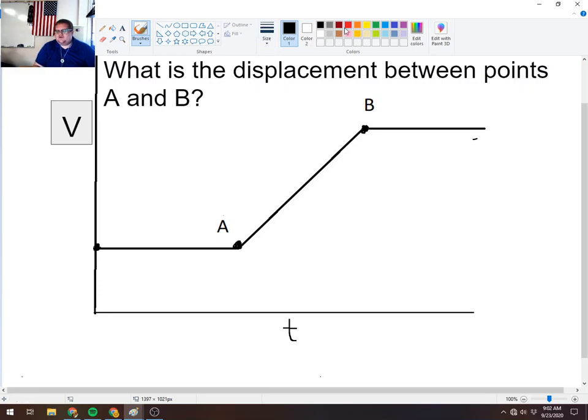So if I would like to know what is the displacement between points A and B here, I'm really asking what is the area under the graph, and I can't draw straight lines very well, sorry. I used to have a pen or a little tool that would help me, but I don't have that, so they're going to be crooked lines. So anyways, when I say what is this displacement, another coded way to say that is, what is the area of this figure?